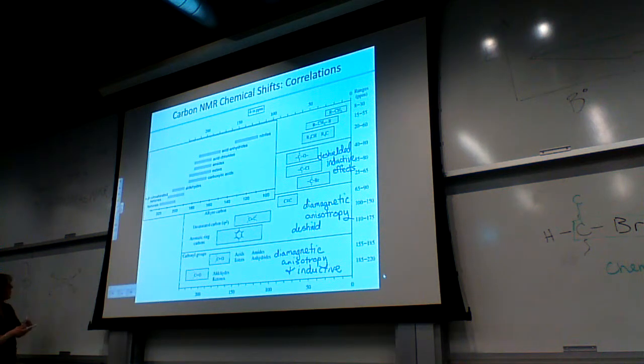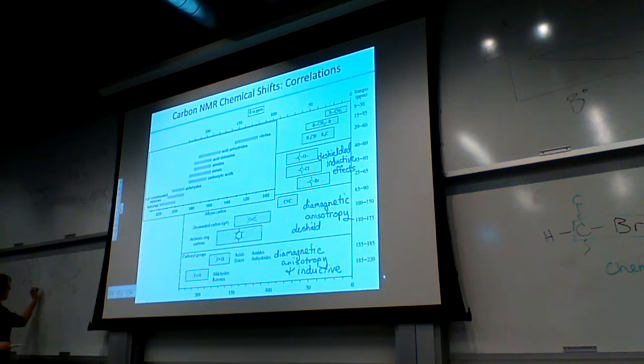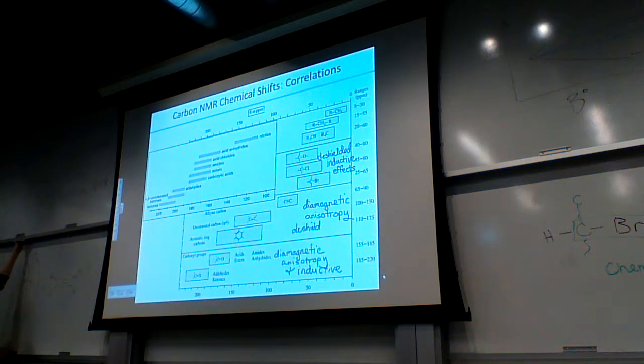In the end, we drew the little cones that said that this was shielded here, and then out here, it's de-shielded. And here, this area was shielded, and this area is shielded, and then out to the sides was de-shielded.